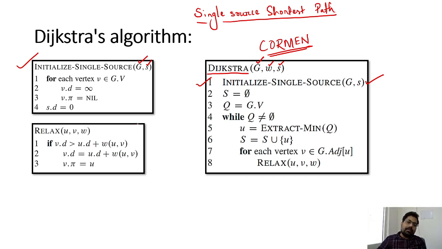Here we are running the for loop: small v belongs to all the vertices of the graph. And this D stands for the distance. Initially we are assigning infinity to all the vertices, excluding the source vertex. Infinity is not represented as such in computer science.